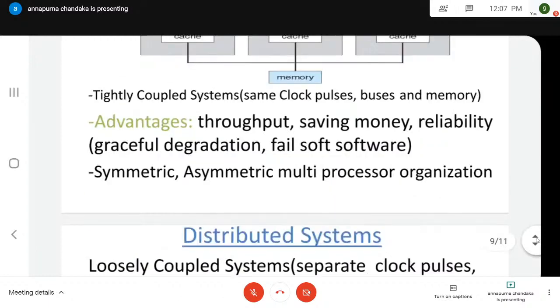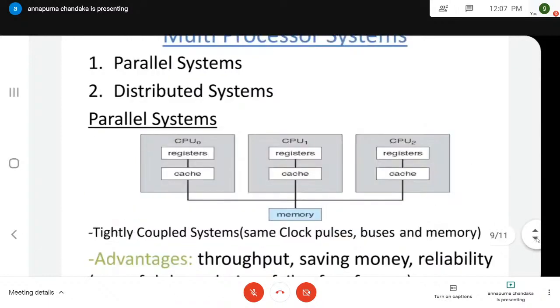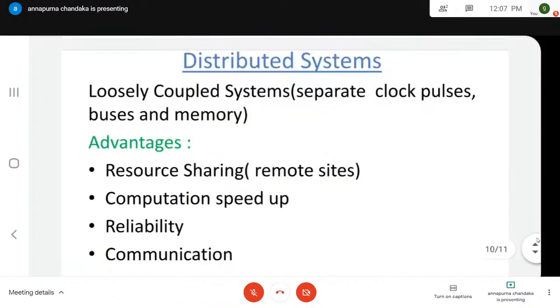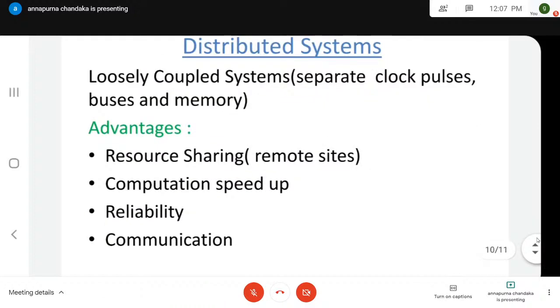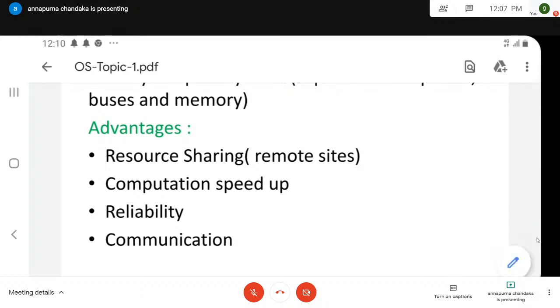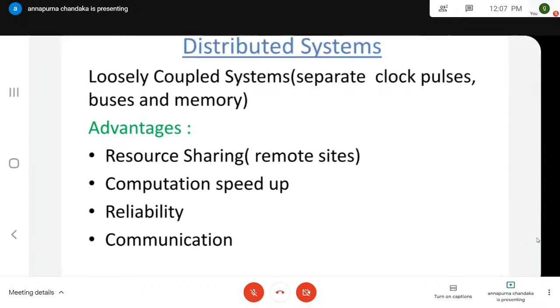The second type of multiprocessor organization is the distributed system, which is also known as a loosely coupled system. What is this loosely coupled system? It is also a multiprocessor organization, with more than one CPU.